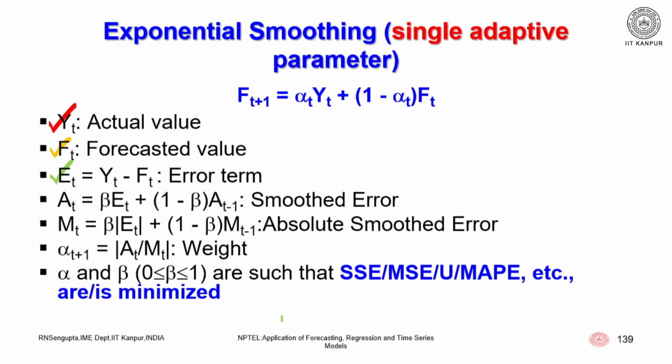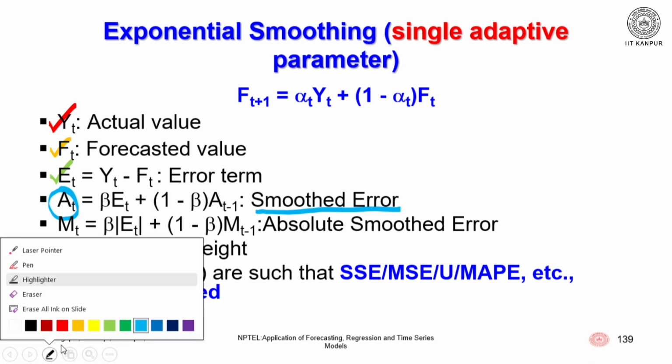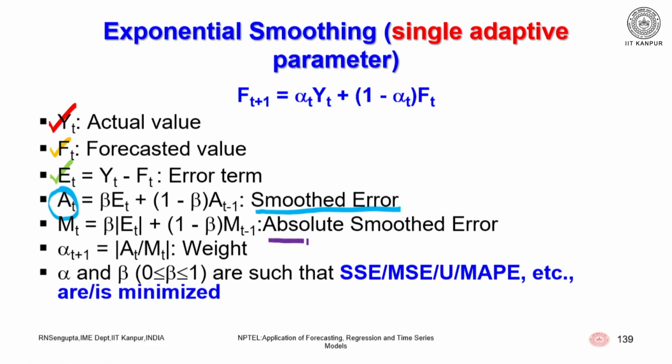Now, we will add 2 new ideas or variables in this concept. One is termed the smoothed error, which is given by the symbol a suffix t, and the next one would be the absolute smoothed error, which will be given by the variable m suffix t.